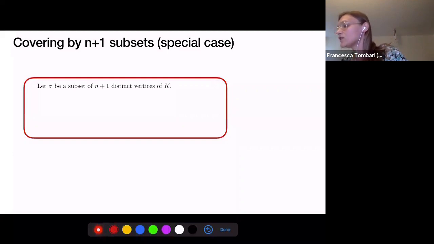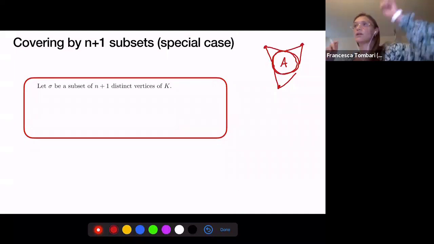How is this given? Well, we can consider the vertices of K, and we take, let me do it for 3, a big intersection, A, and only one point that is outside the intersection for each set covering it. Is the picture kind of clear? So only one point outside each one.